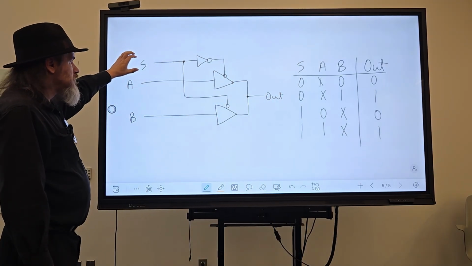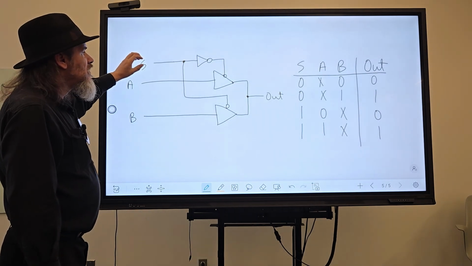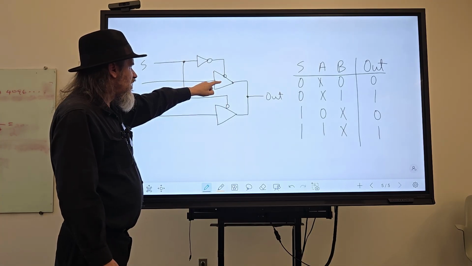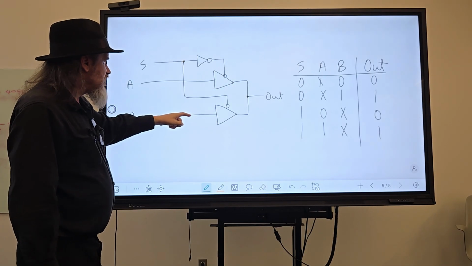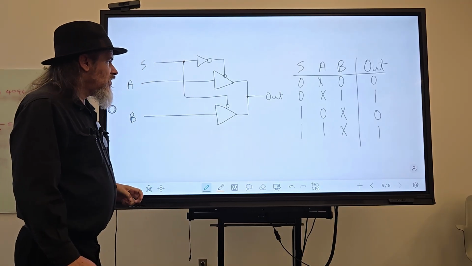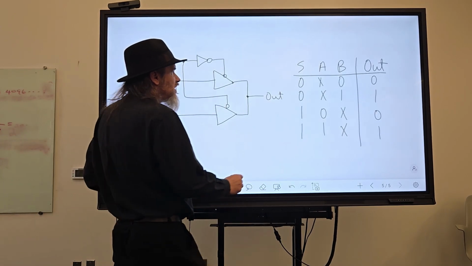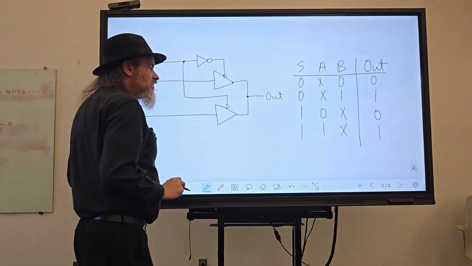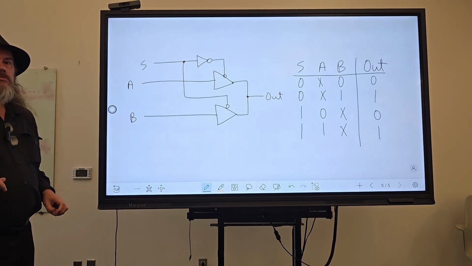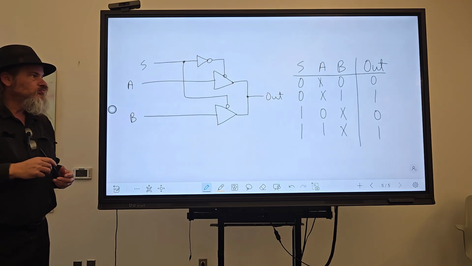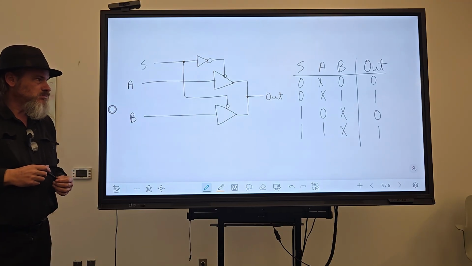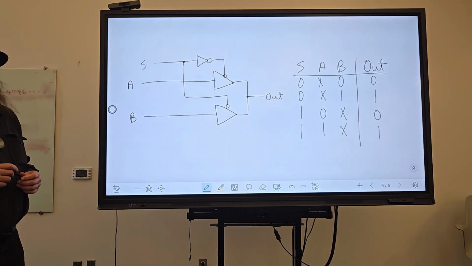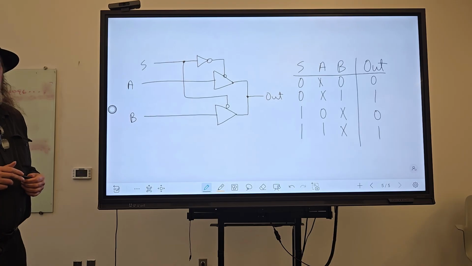When S is high, the tri-state buffer for A is active and B is inactive, so A is shown on the output, B is ignored. That is a multiplexer, a 2-input multiplexer using 3 simple gates.